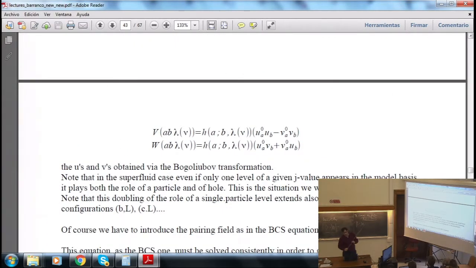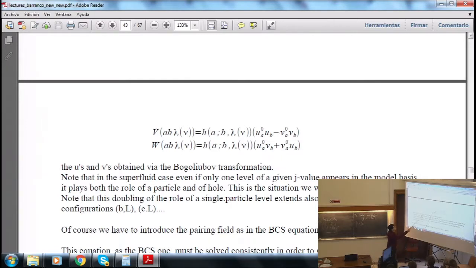Well, performing the Bogoliubov transformation that we saw before, the matrix elements for particle vibration coupling can be calculated from the ones that we already know, but now taking into account that the particle phonon or the hole phonon configurations are not pure, are partially particle phonon and partially hole phonon. So you have to take into account how much unoccupied or how much occupied they are in the solution of the problem.